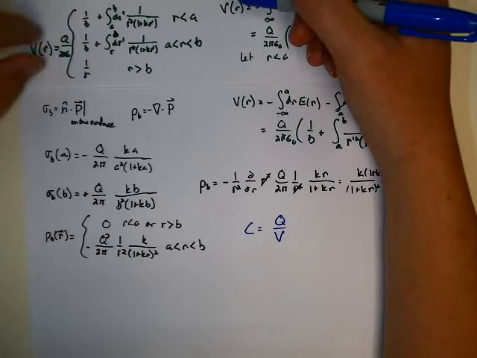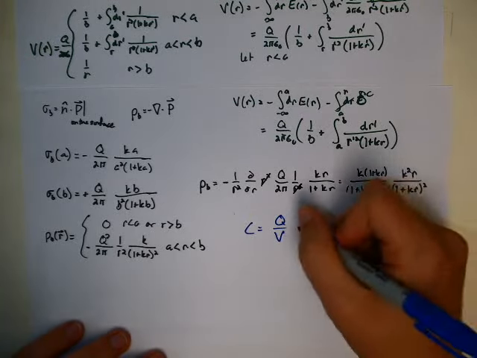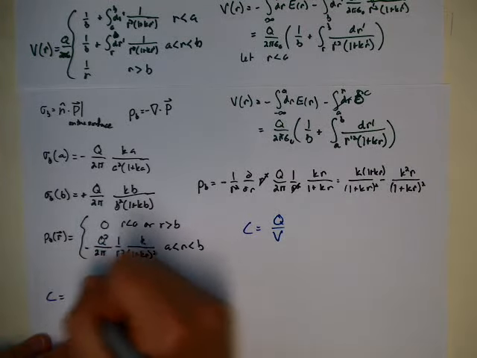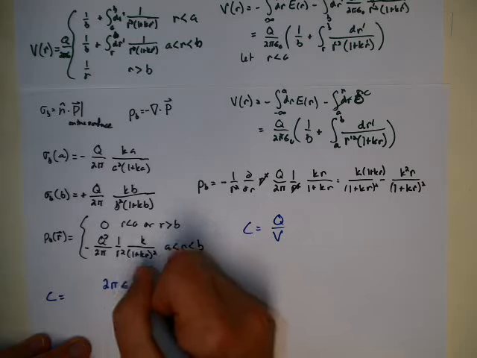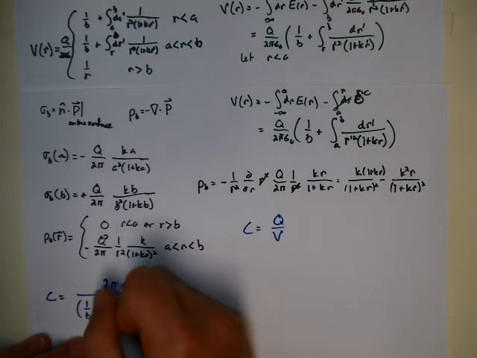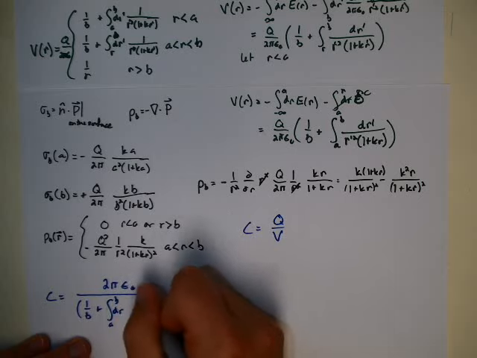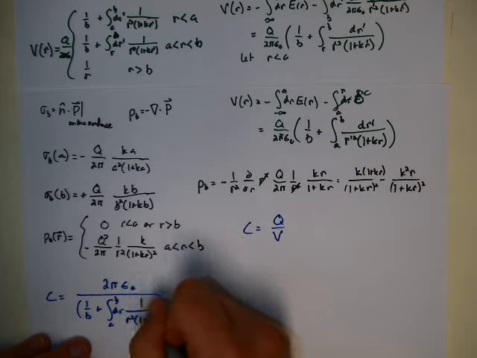And so the charge divided by that, the charge is going to go away, and so the capacitance for us is going to be 2 pi epsilon naught divided by quantity 1 over b plus the integral from a to b dr of 1 over r squared, 1 plus Kr.